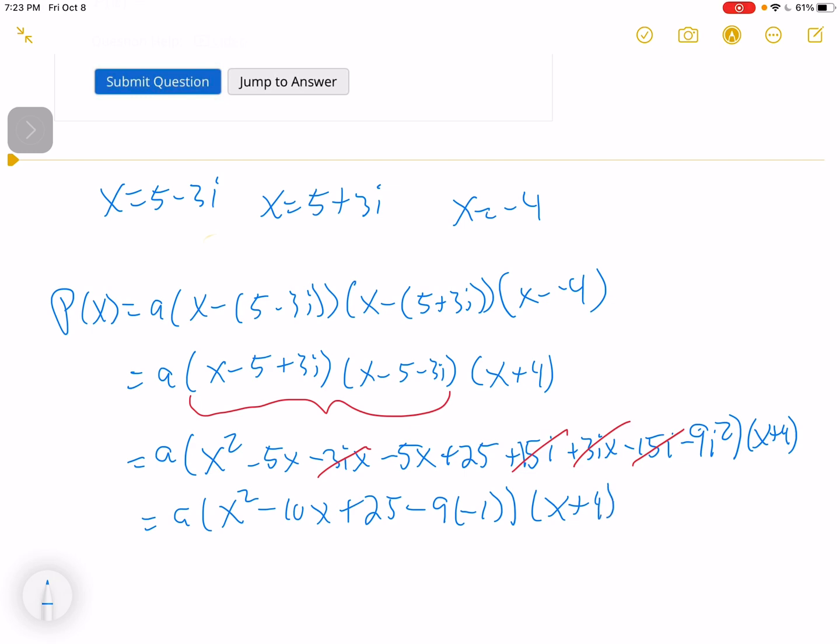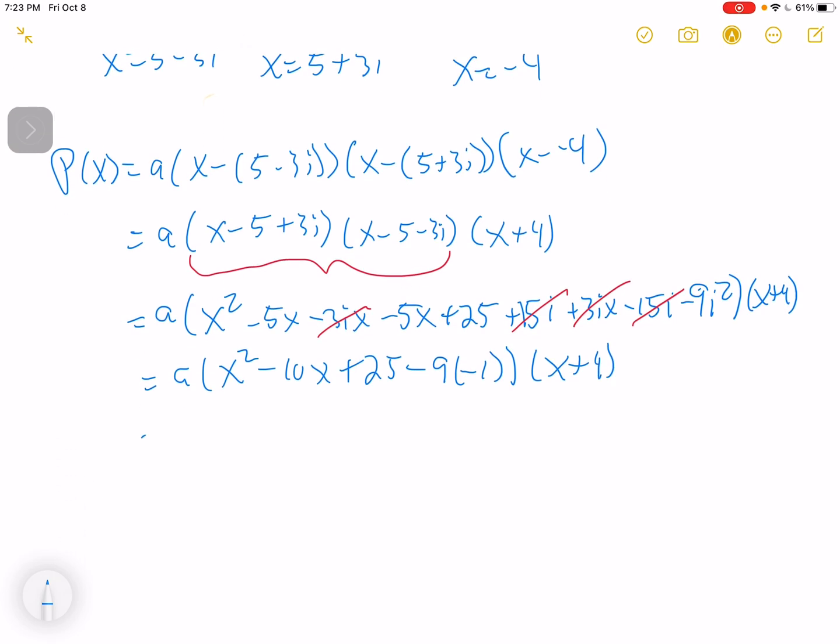So see, it's starting to clean up. Then we have a times x squared minus 10x, minus negative is plus, so 25 plus 9 is 34, times x plus 4.